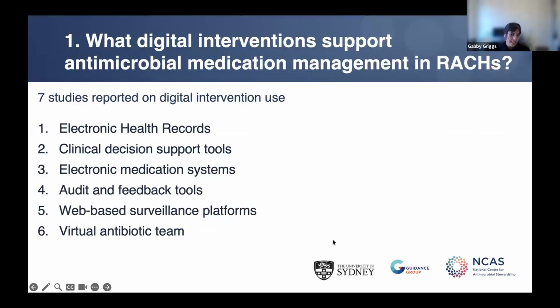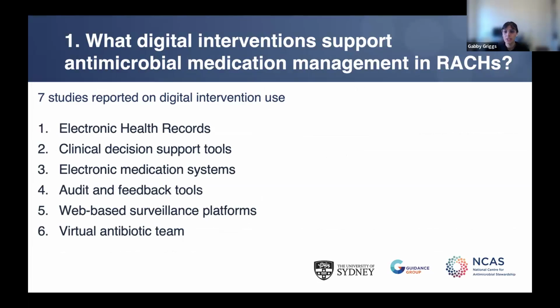So with the 11 studies in hand, we could address the first question of my scoping review. What types of digital tools are being used to support antimicrobial medication management in residential aged care homes? Across the studies, 7 of them reported a range of digital interventions, including electronic health records, clinical decision support tools, electronic medication management systems, audit and feedback tools, web-based surveillance platforms, and a virtual antibiotic team.